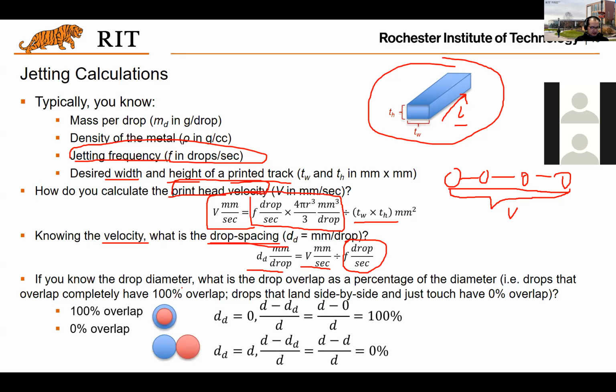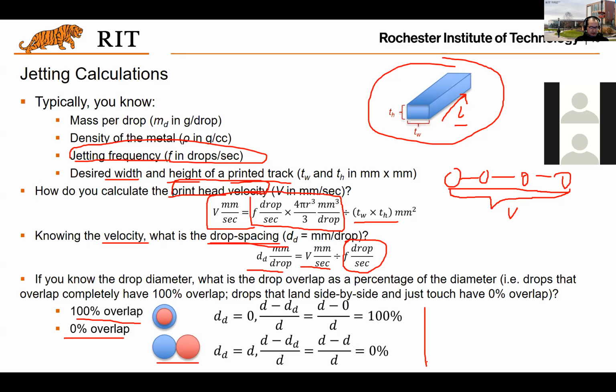Another thing is this overlapping. If you know the droplet diameter, what is the drop overlap as a percentage of the diameter? Basically, there could be a 100% overlap, like the one showing here, which is one extreme, right? And another extreme is there's no overlap at all. And that is what you have like this. So basically, that is how you compute.